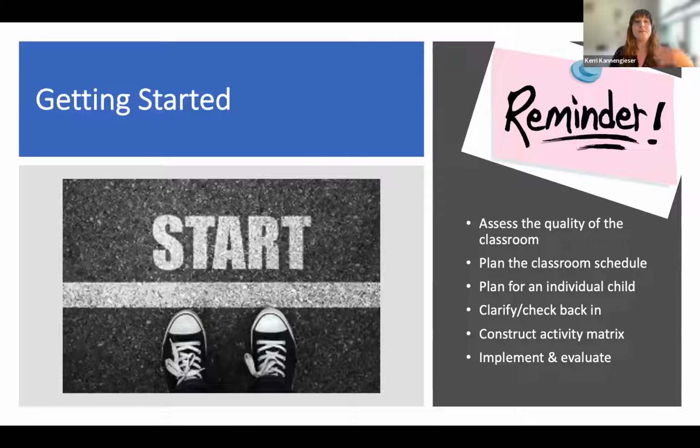So, as a reminder, the successful inclusion of young children is really based on the assumption that early childhood settings are already high quality, right? We talked about this last week, that they're places where young children are provided with that warm and responsive teaching and where their developmental needs are met.